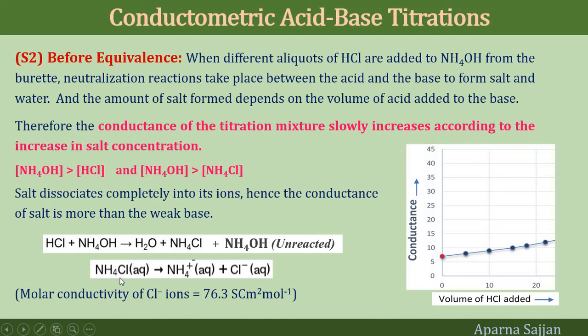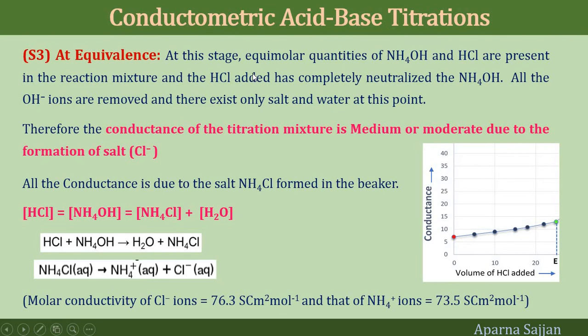This happens because whatever salt is formed will be completely dissociated into ions, whereas the weak base will not be dissociated completely. Therefore, the conductance of salt is more than the weak base. Hence, the conductance starts to increase slowly. This is the trend of the curve where after adding each aliquot of hydrochloric acid, there is slight increase in the conductance.